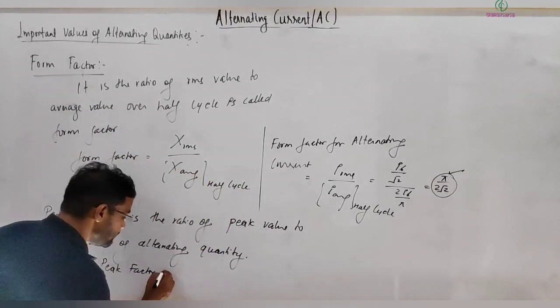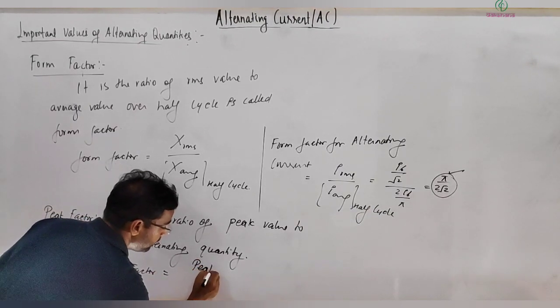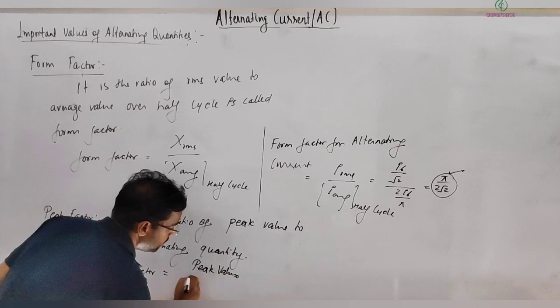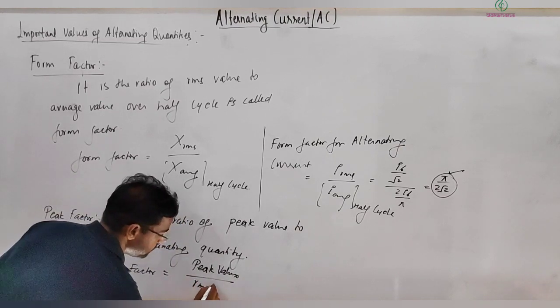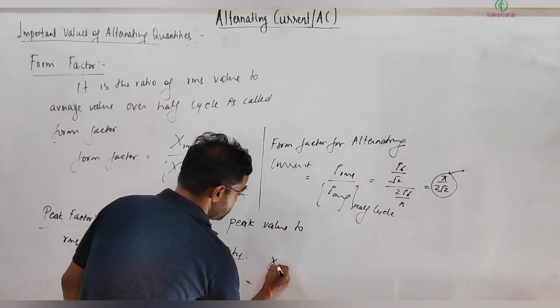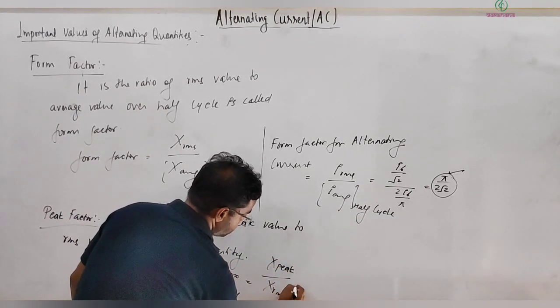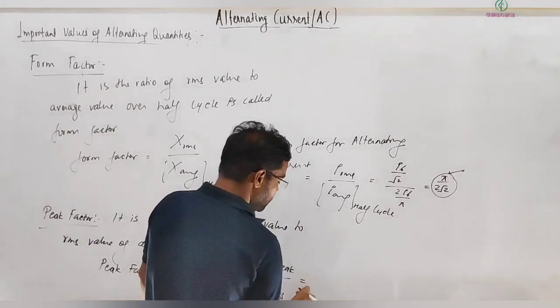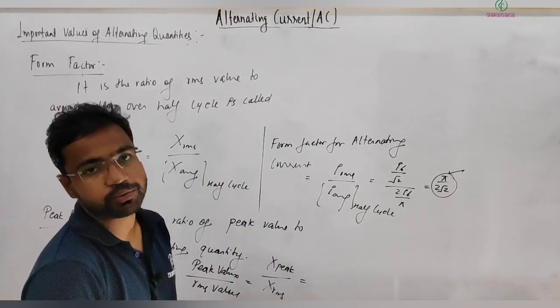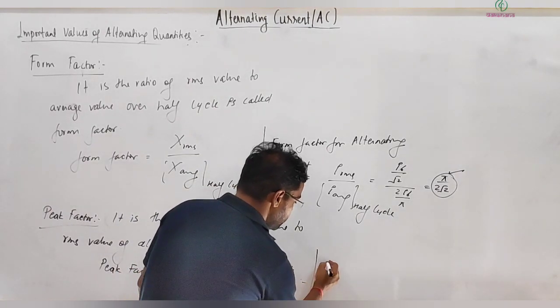So peak factor, you can write peak value divided by RMS value, X peak over X RMS. If I talk about peak factor for alternating current or voltage, then that will be equal to what?